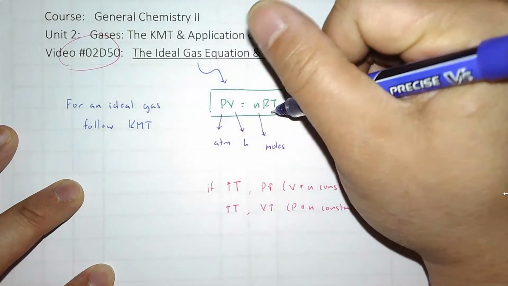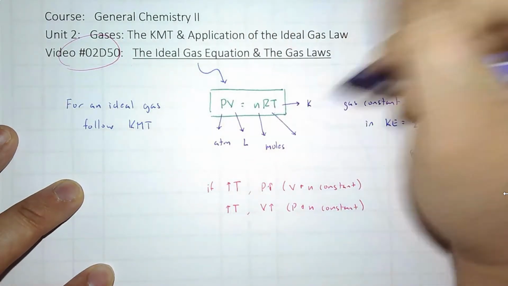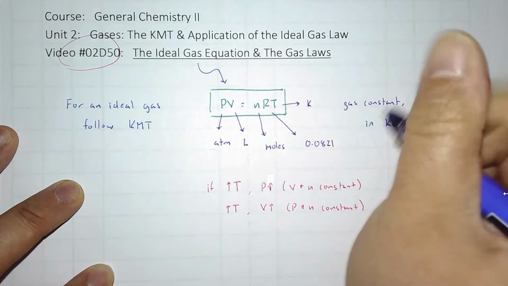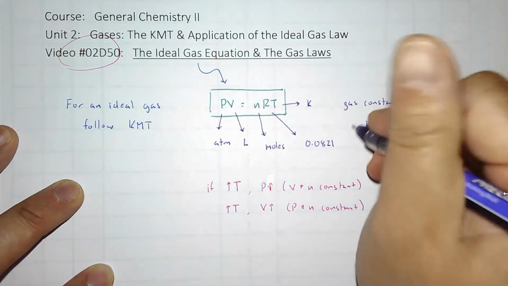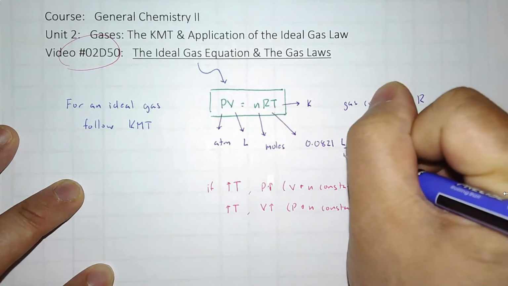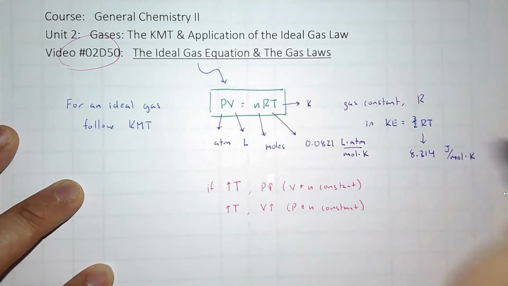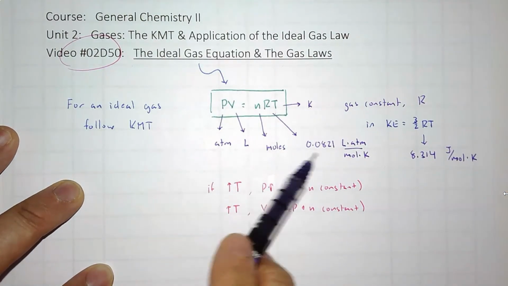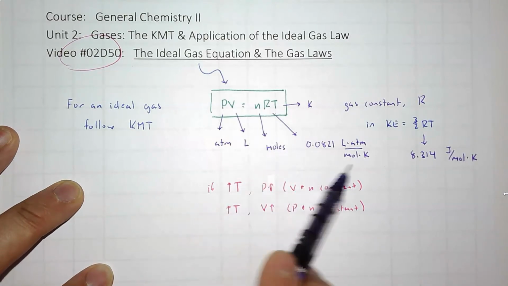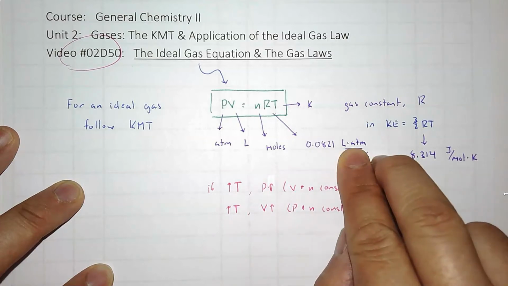For PV equals nRT, the R is going to be 0.0821, and the units are going to be liters atm over mole K. If you input this value with the units, the moles will cancel out, the K will cancel out, and you'll be left with liters atmosphere.